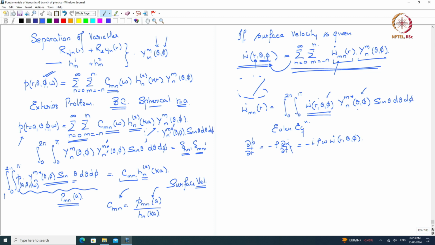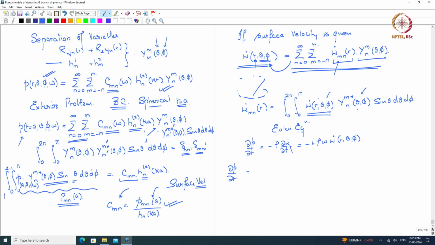Okay, so now del p over del r, from here and here, using the Cmn value there, how does it look like?